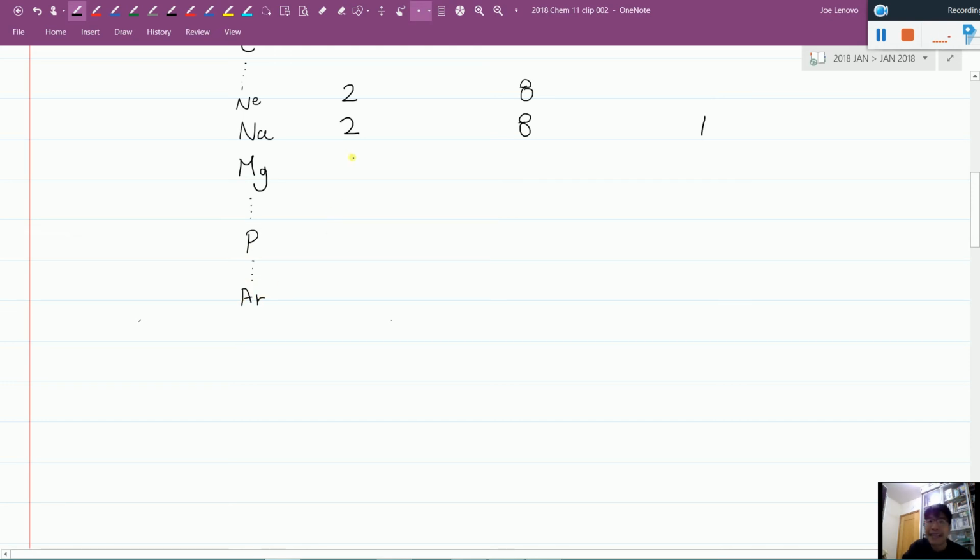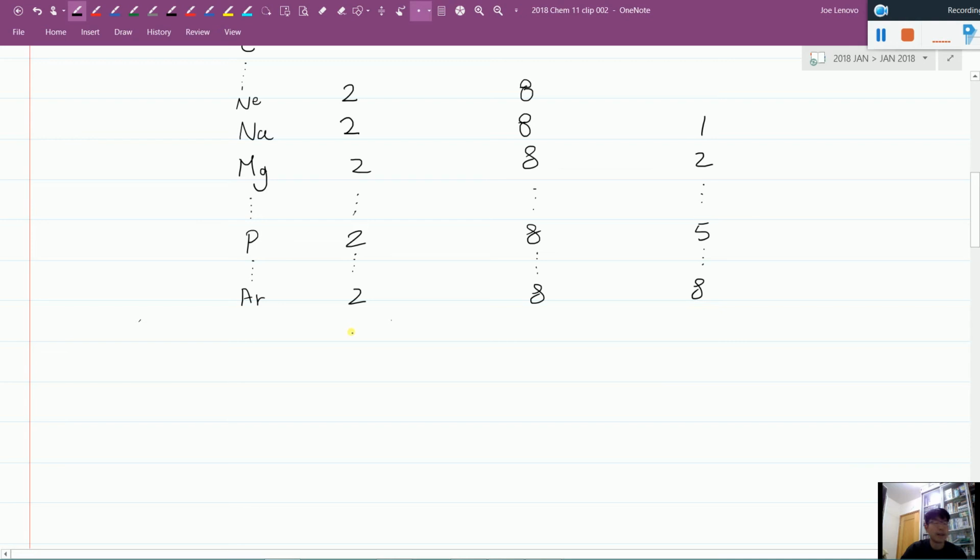Magnesium is number 12, so it would be 2, 8, and 2. You should be able to tell me phosphorus is number 15, so you have 2, 8, and 5. Skipping 16 and 17, we reach argon, number 18, which is 2, 8, and 8. So up to 18, we are very happy with it.